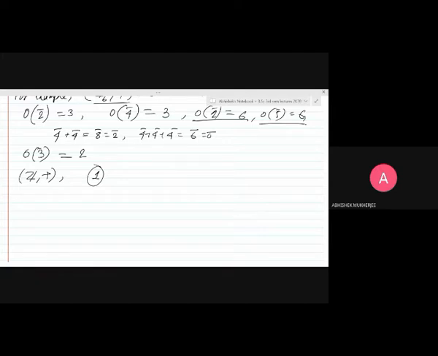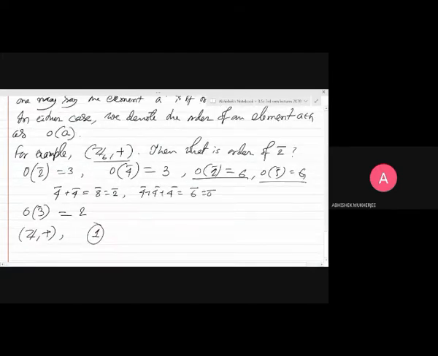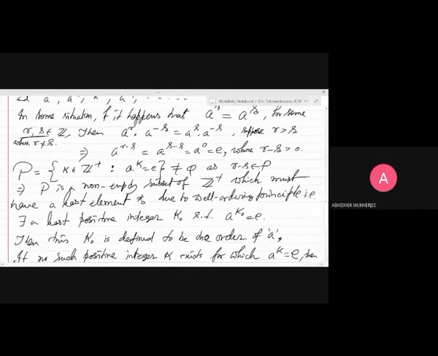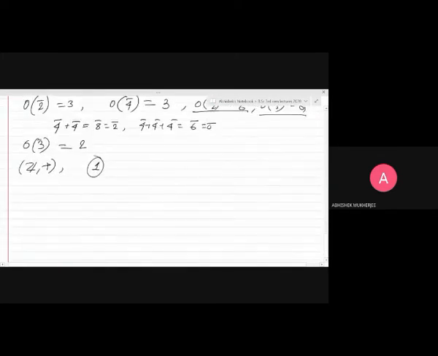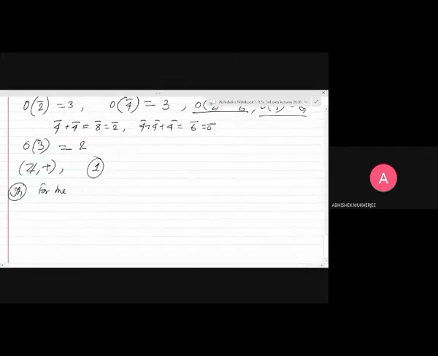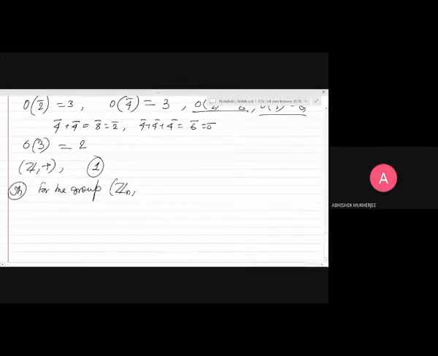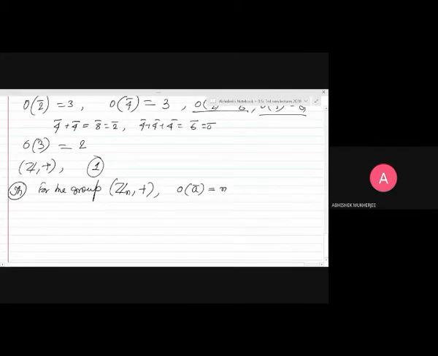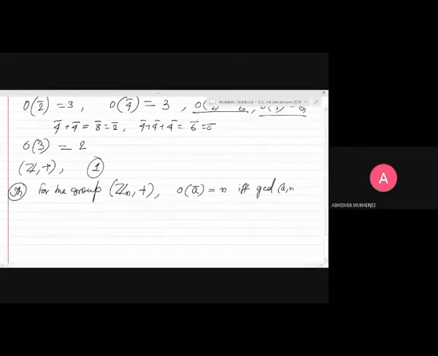Okay, fine, great. So, in connection with this theorem, we can write down one statement: for the group Zn under addition, the order of the class of a equals n, that is the order of the group, if and only if GCD of a and n is 1.